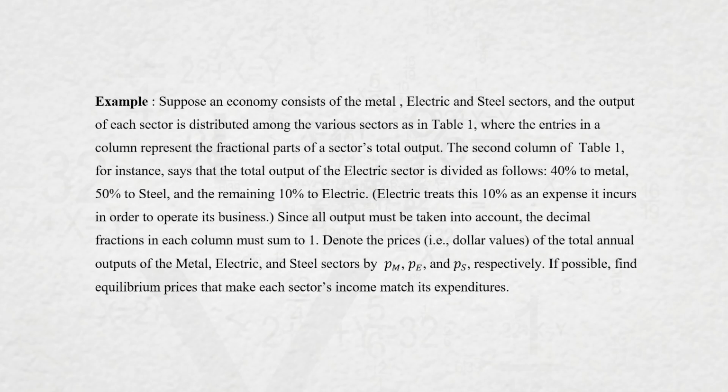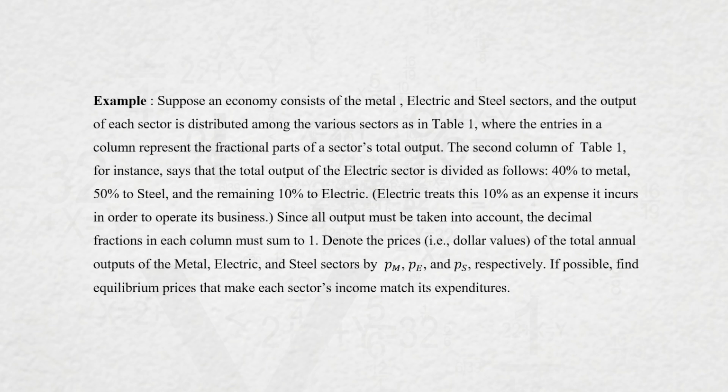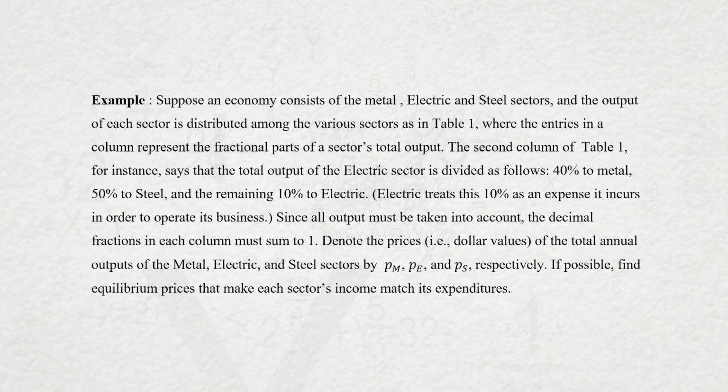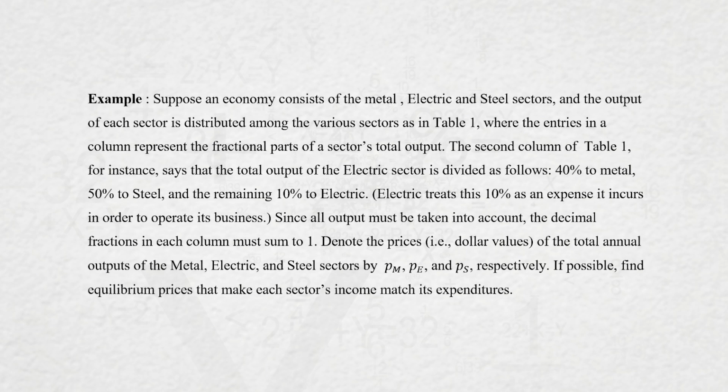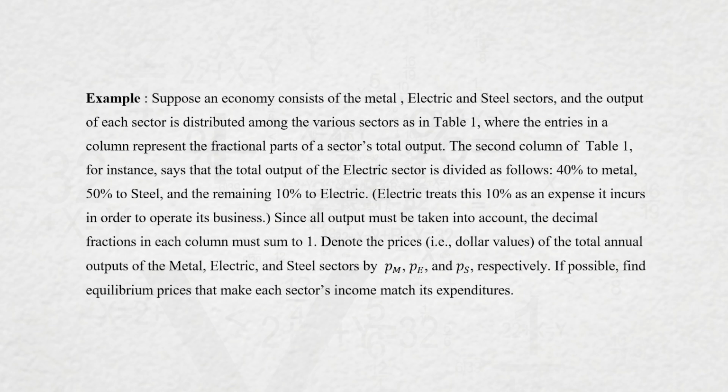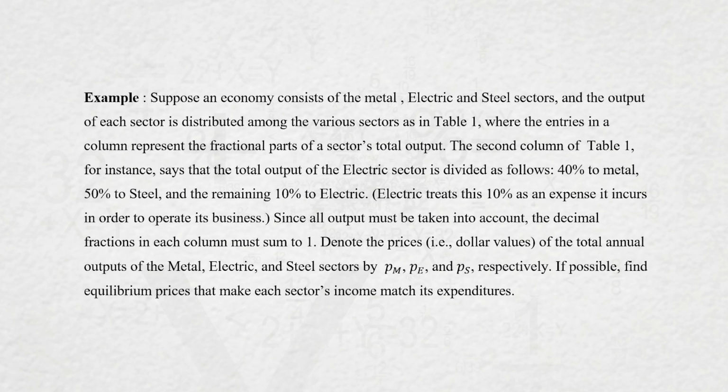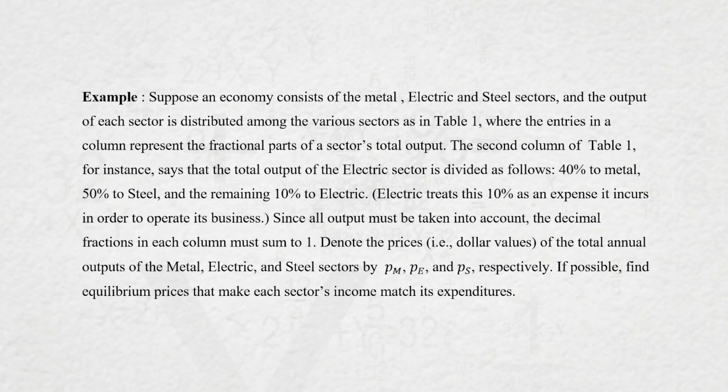Suppose an economy consists of the metal, electric and steel sectors and the output of each sector is distributed among the various sectors. Like here a table 1 is given, you can see the entries later. The entries in the column represent the fractional parts of a sector's total output.